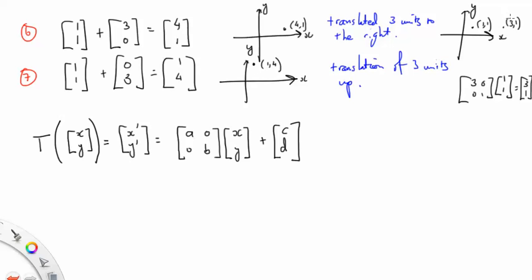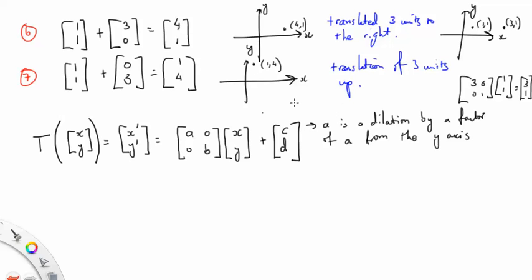And go, aha, okay, so that's the image of the point, and it's dilated by a factor of 3 from the y-axis. So we know that A is a dilation by a factor of A from the y-axis.